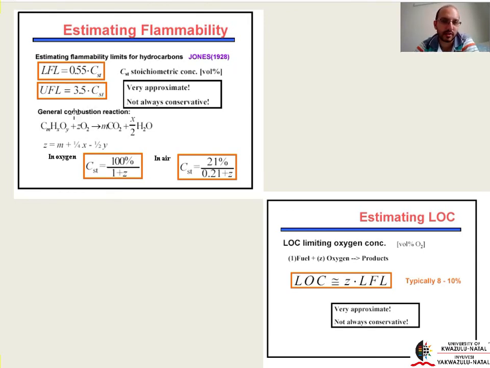This is essentially a correlation. It's fine for most uses. In certain cases, it's a bit too optimistic, and it's not as conservative as it should be. Your limiting oxygen concentration can also be calculated using your Z, your stoichiometric value, multiplied by LFL. It's typically 8 to 10% for most fuels.